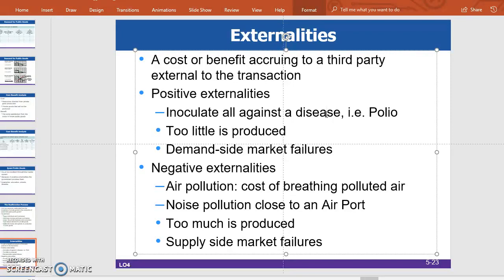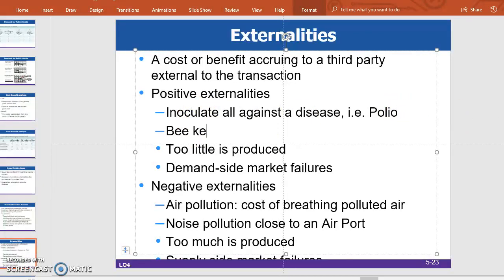Another example is a beekeeper. Suppose the beekeeper keeps bees and produces honey, and he is doing it for his personal benefit.